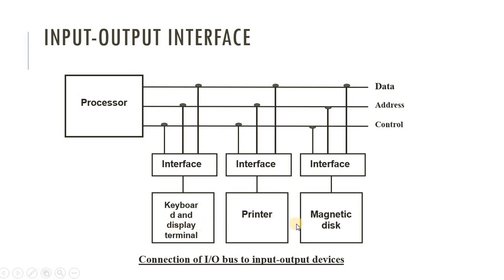It is not that we implement one logic that executes whenever the processor wants to communicate with a peripheral device. The work of the keyboard is different, the work of the printer is different, the work of the mouse is different. So for that, different signals are used to call and activate that particular peripheral device.